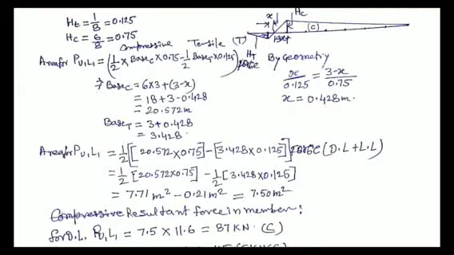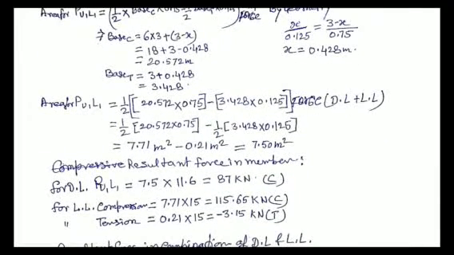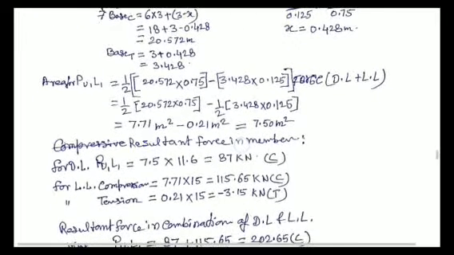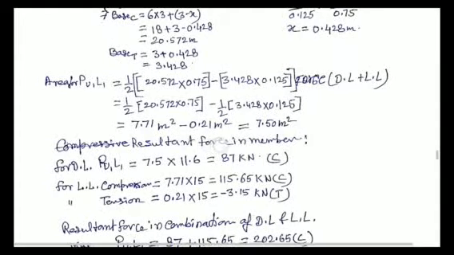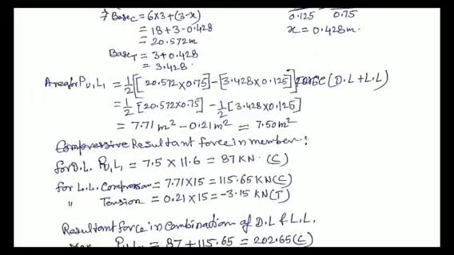So finding out the area of both triangles, in the compression zone the area of the compression triangle comes out to be 7.71 meter square, minus the area of the tensile zone, which comes out to be 0.21 meter square. So the net or resultant area is 7.5 meter square.